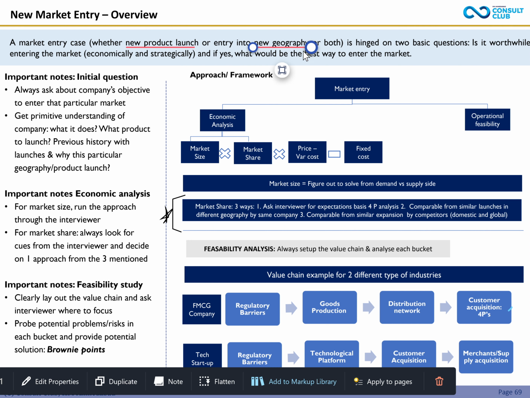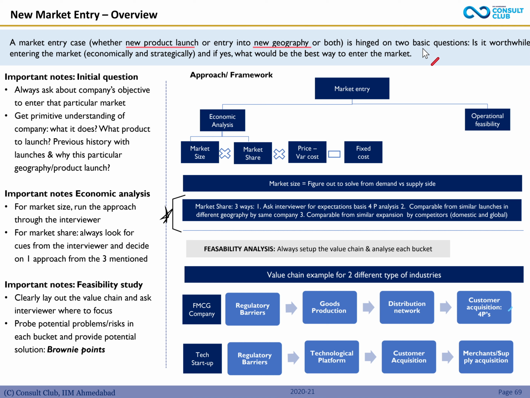A market entry case is hinged on two basic questions. Is it worthwhile entering the market economically or strategically? So you have to think in terms of two things. Is it worthwhile to enter economically and strategically? And if yes, what is the best way to do it? So that is how you think in a market entry case.